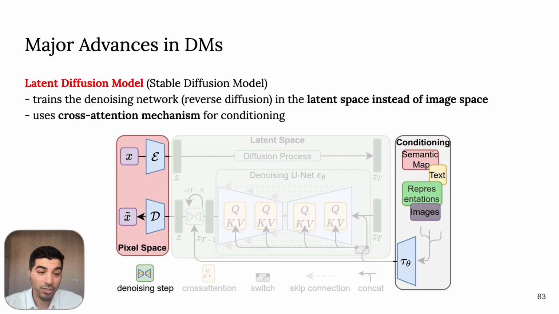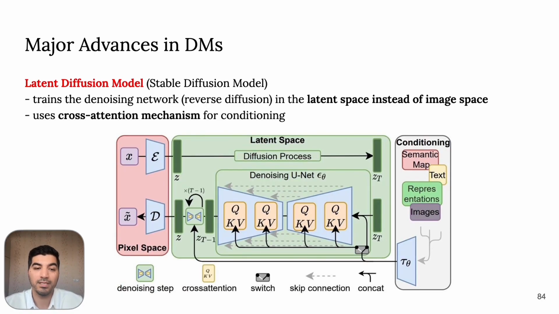So the image generation can be conditioned on multiple things, as an example, on a text, on an image, on representations, semantic maps, and others. And for each of these, they have their own related encoder to map these conditions to the latent space. And finally, the denoising is being done in the latent space.